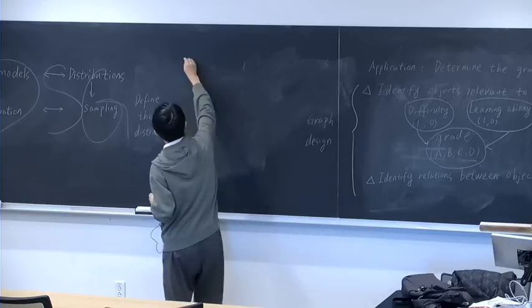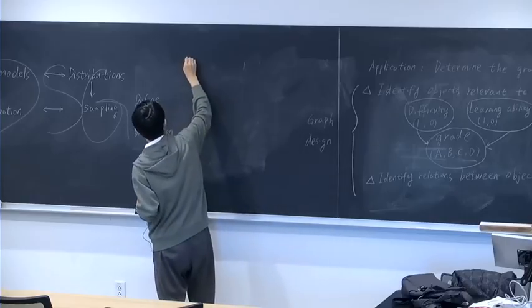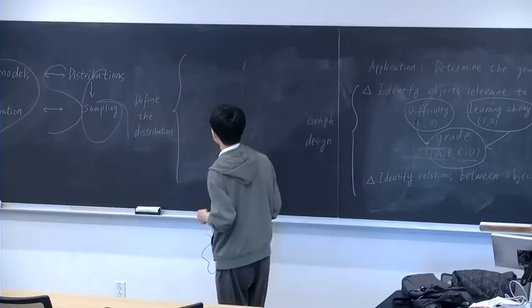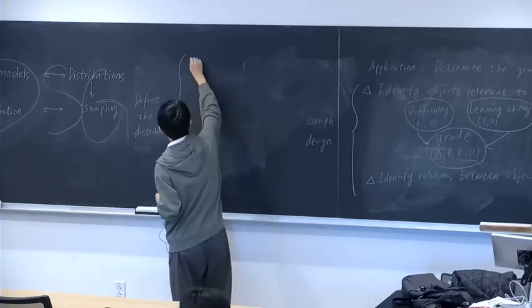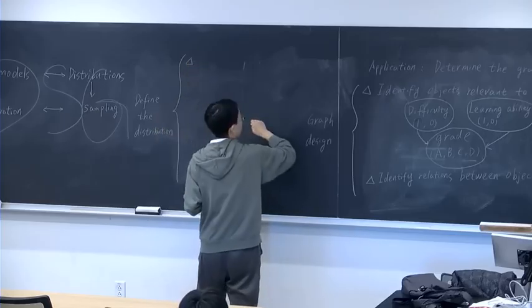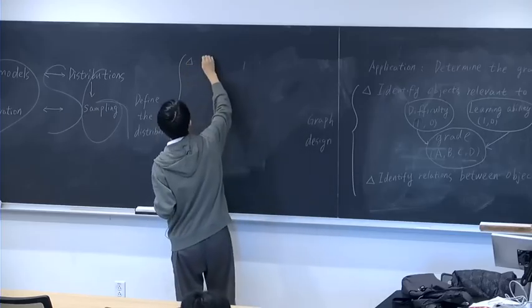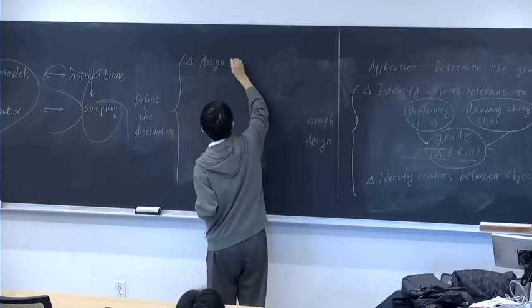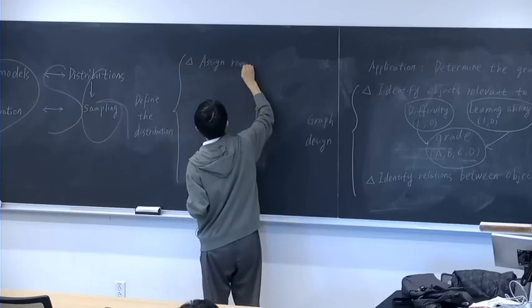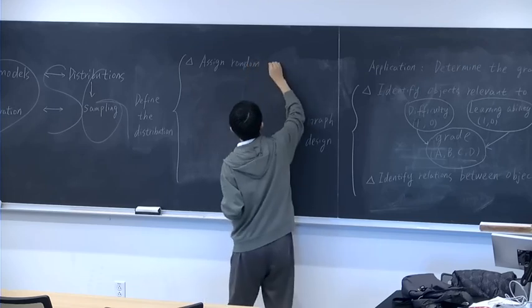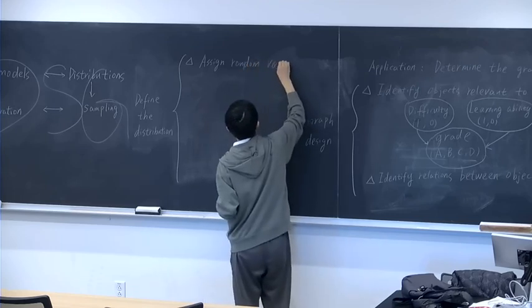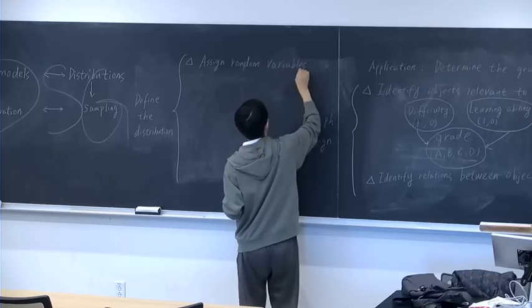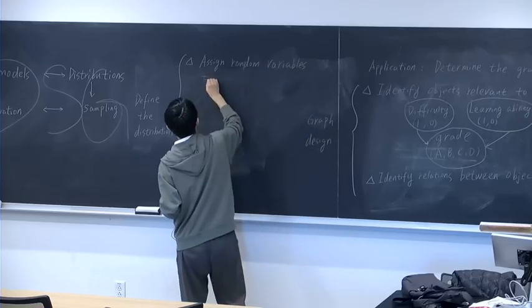Okay, so under distribution define, we have 3 steps. The first step is to assign random variables to nodes.